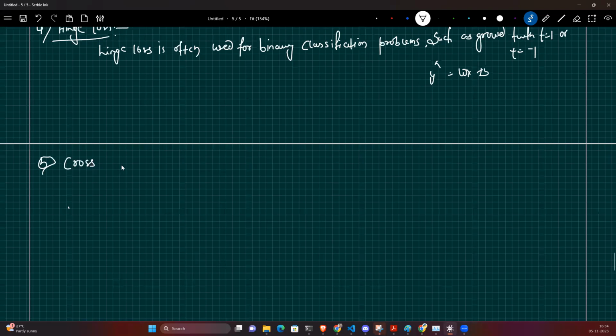So it's the opposite. When you have a multi-class classification problem, then you should apply cross entropy loss.